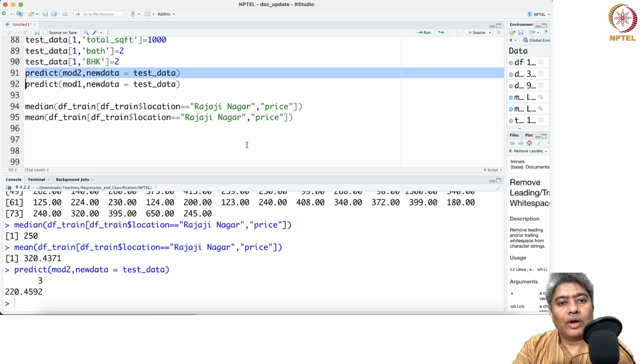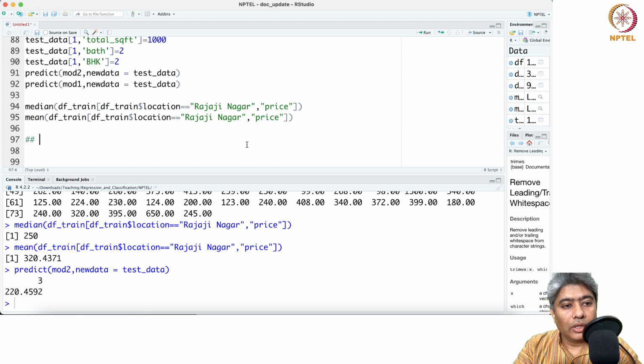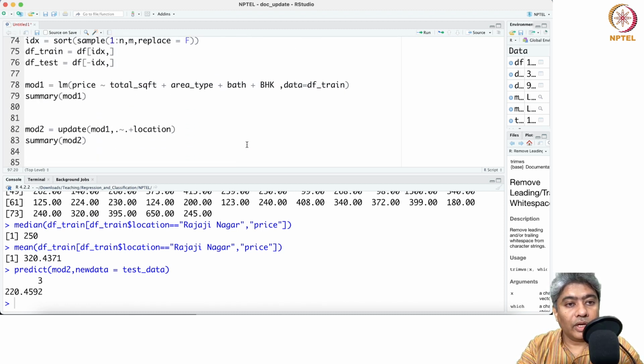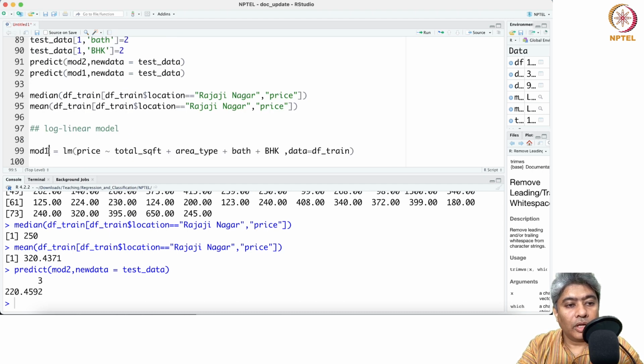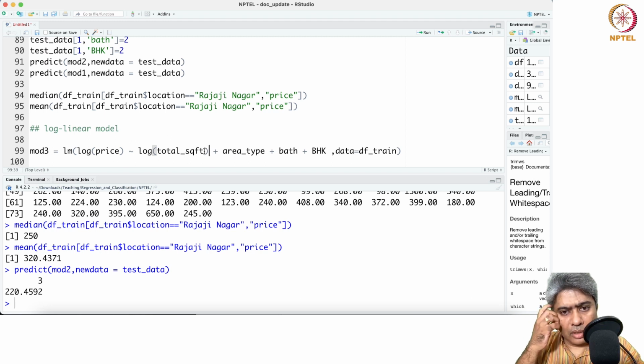We can try a few other models. For example, we have not tried a log linear model, so let us try that. We can just take model 1, and this will be the third model, where we take log of price, log of total square feet, and log of bathroom.